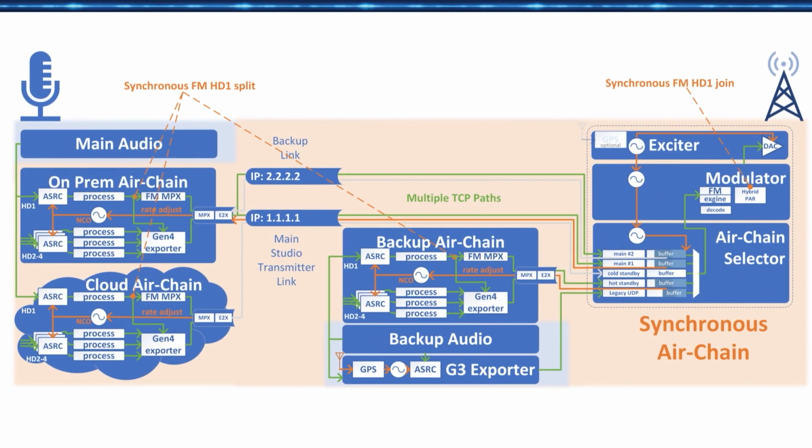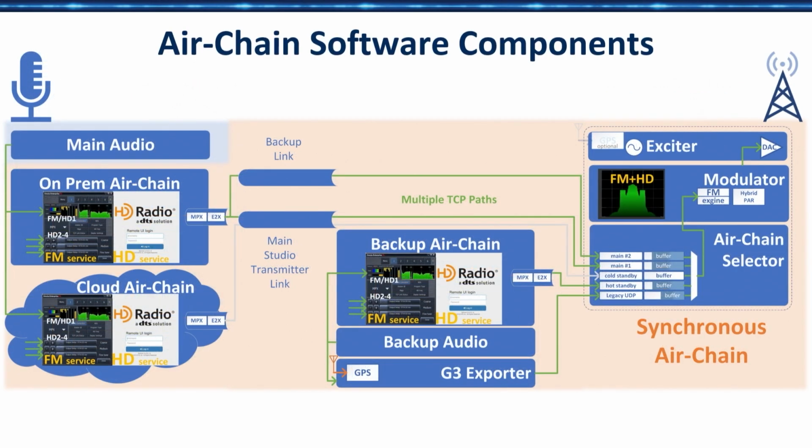But let's simplify this block diagram a little bit and talk about the components that we've put in here. So the key part in the air chain that we've added, on any one of those on the left, we have a partnership with Telos where we've integrated essentially the Omnia 9 platform, now labeled Omnia for Nautel, and we've combined it using a glue layer that we've implemented with the buffer control and the synchronization.